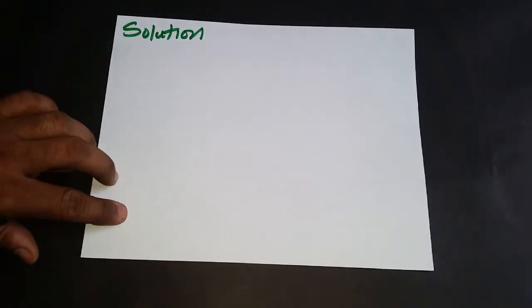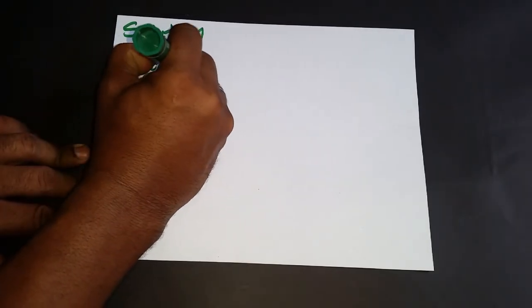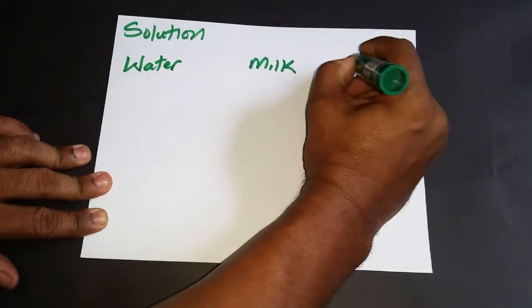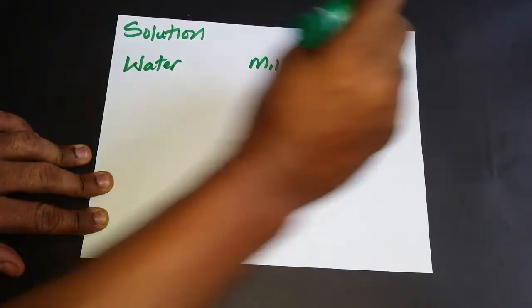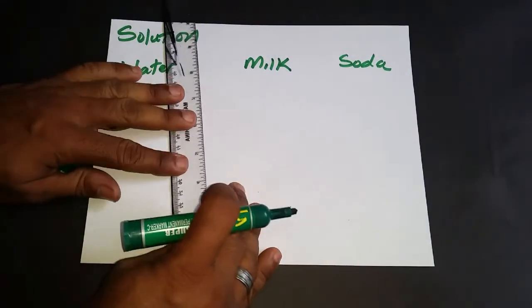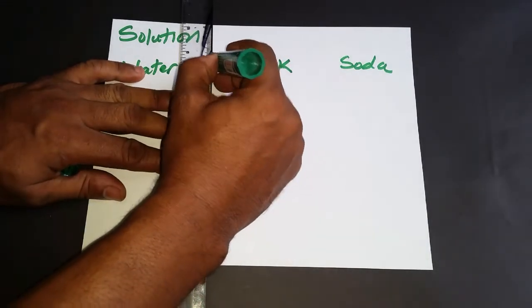Now remember, we are dealing with 3 beverages: water, right? We're dealing with milk, and we're dealing with soda, and we're trying to determine the amount of money earned by each of these 3 beverages. Very straightforward.